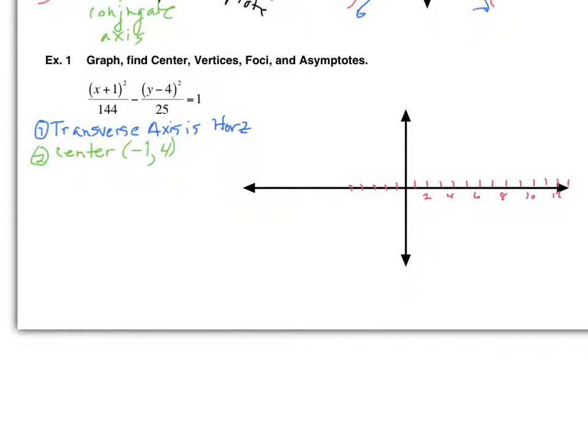I'm going to go up 5. Well, actually from 4, so we're going to want to go up to 9 or 10.